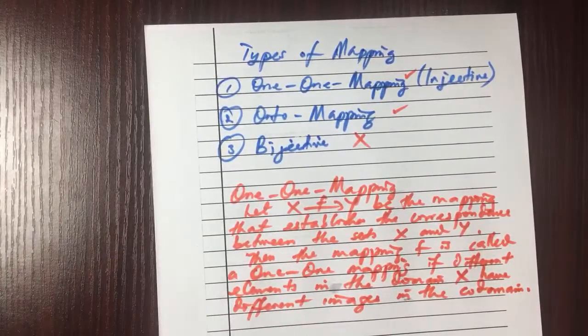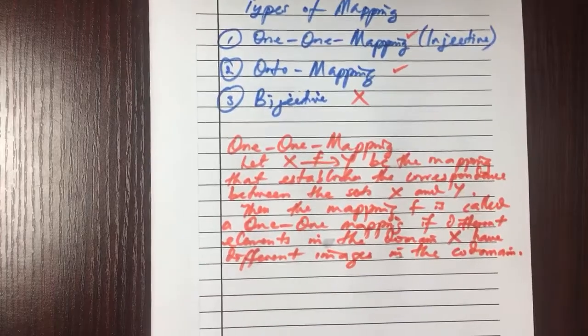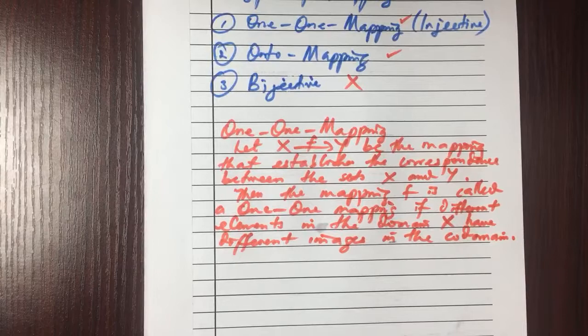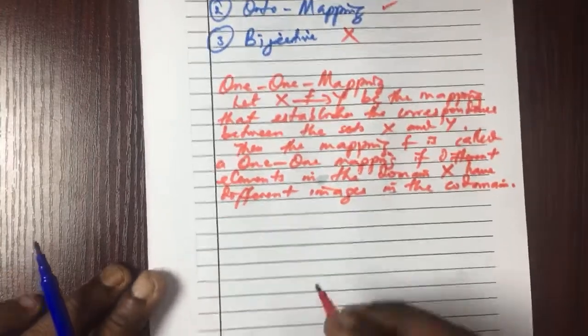So if every element in the domain has different images in the codomain, that kind of mapping is called a one-to-one mapping. Now, what does that mean?